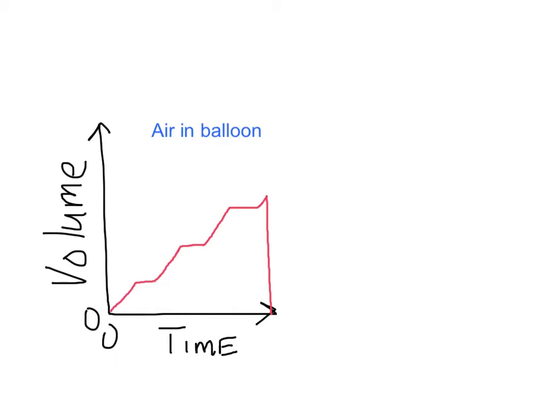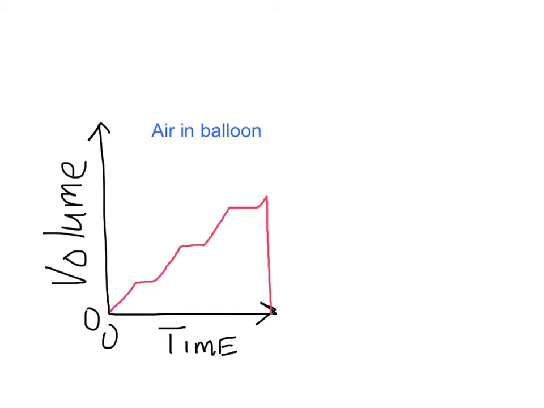So the two variables are volume and time. So before we do anything, let's analyze the graph. As time goes on, what's happening to the volume of the balloon? It's increasing. So it's important to note that the volume increases each time you blow air into the balloon.